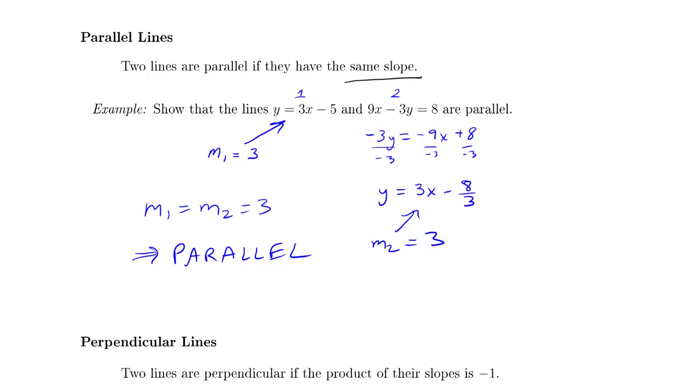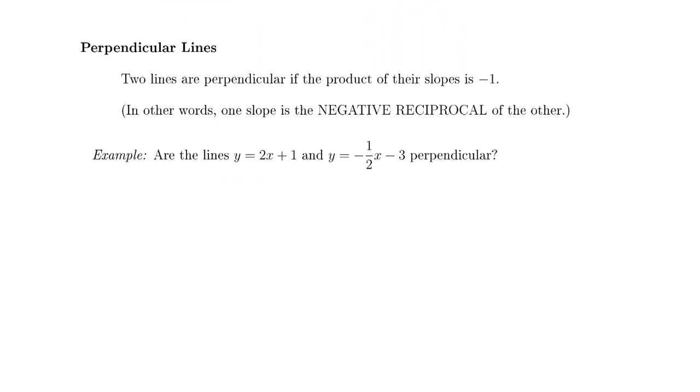So what about perpendicular? Well, two lines are perpendicular if the product of their slopes is negative 1. Now this is one way to characterize it. You're probably more familiar with another way of saying it, that the slope of one of the lines is the negative reciprocal of the other.